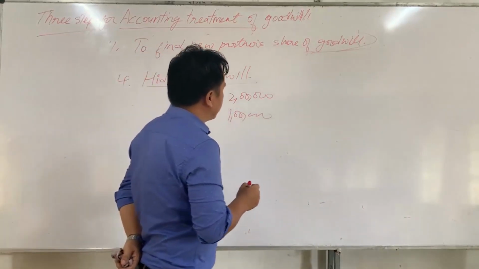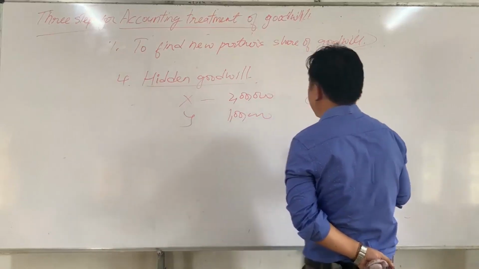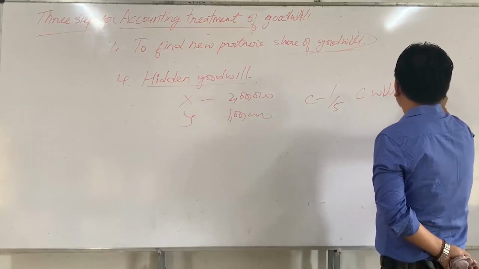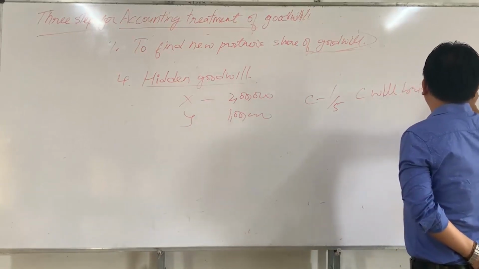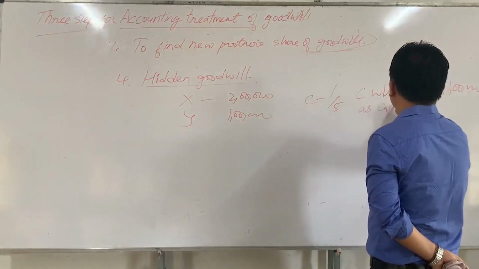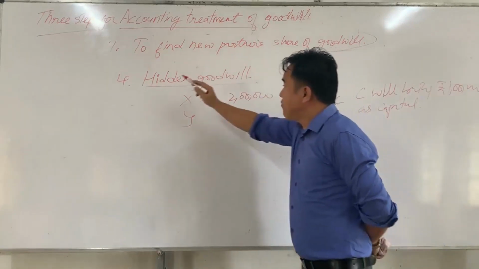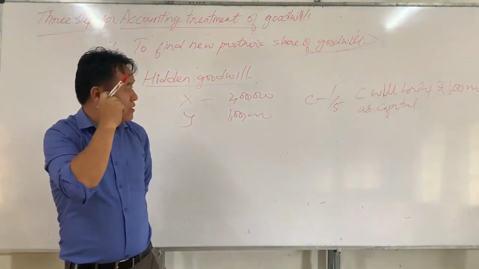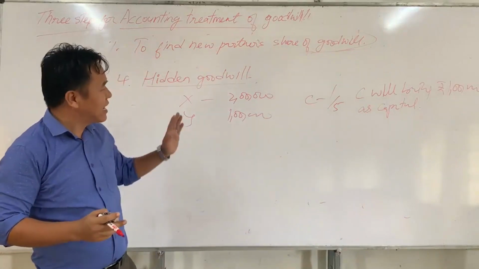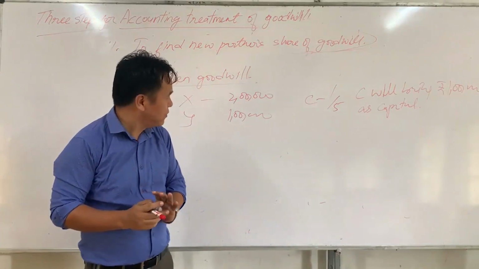So they admitted C as a new partner for 1/5 share, and C will bring rupees 1 lakh as capital. So in this question, nothing is given regarding the firm's goodwill. Is that clear for you?